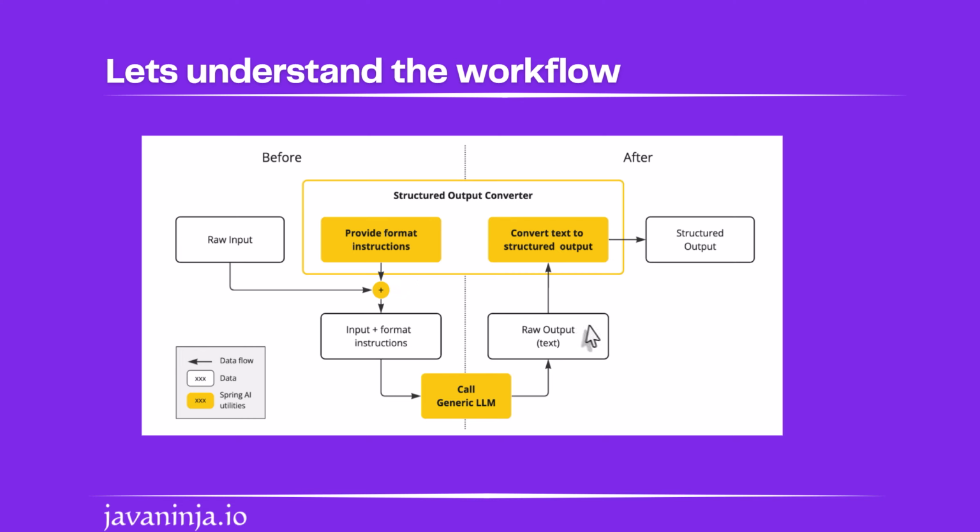The large language model has the plain response at this particular stage. Now, using the raw response and the format instructions that we have given, it converts the plain output to a structured output in the format that we desire.